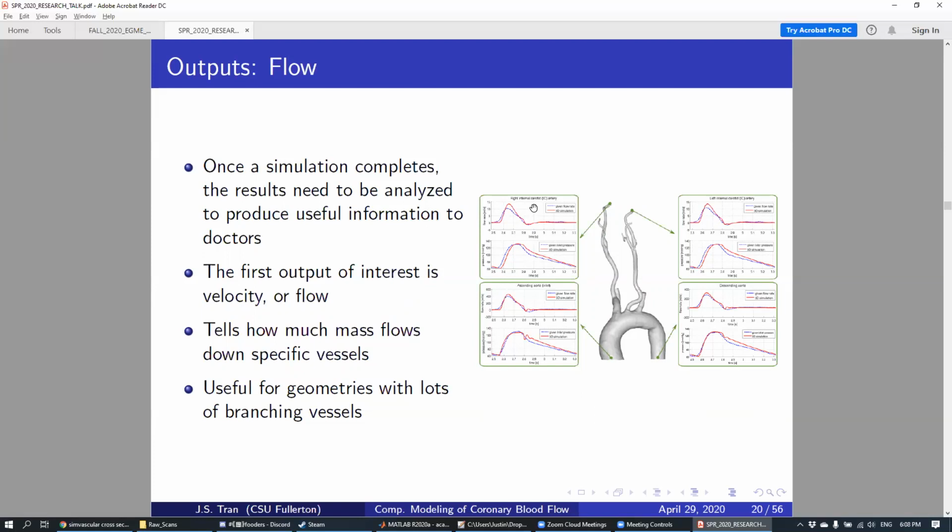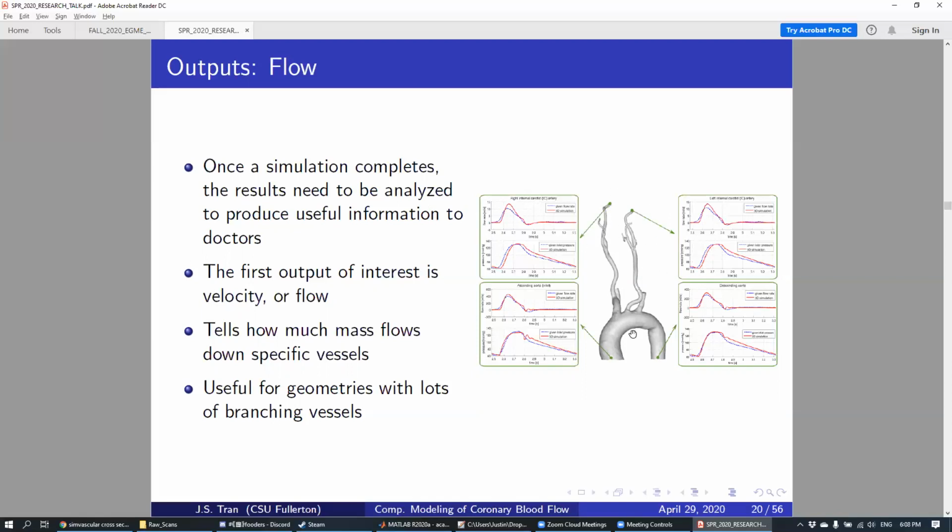The reason this is useful is because whenever you have a system like blood flow, where you have lots of different vessels and lots of different outlets, it's often interesting for doctors to see how much flow is going to this part of the body. If you have a model that looks like this, the blood vessels you see up top at these little tendrils, the blood that goes through these vessels is going to go to basically the head and the arms.